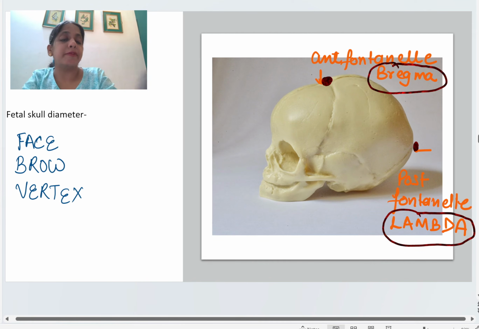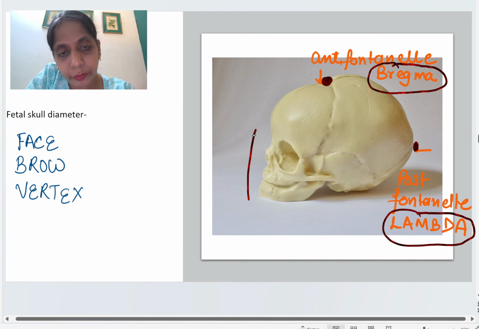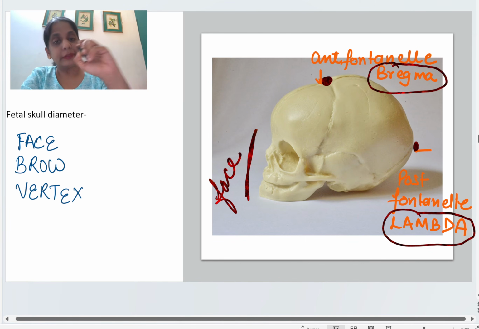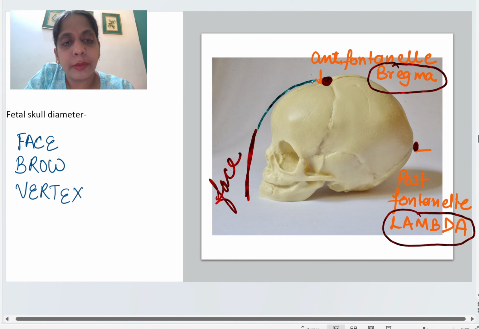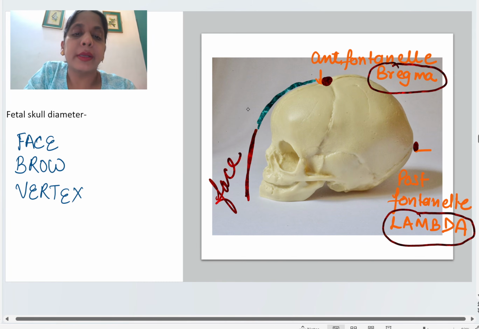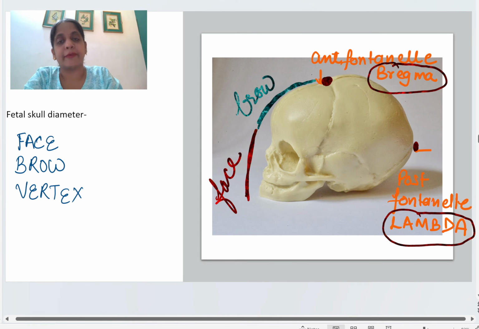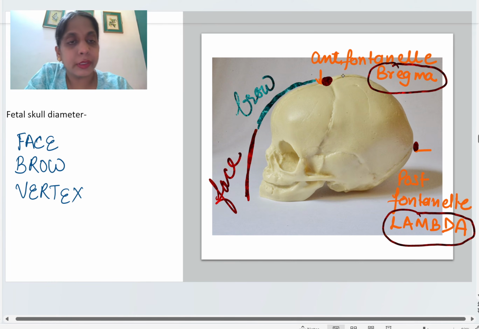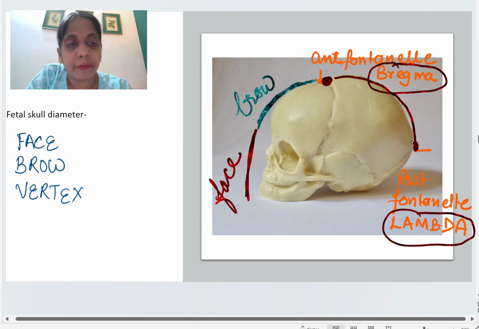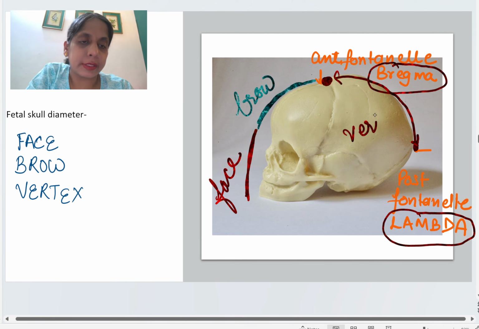We divide the head of the fetus into three parts. The part where the face is, where nose and lips are, is known as the face. The part with the forehead, plus the area going behind it, is known as the brow presentation. And between the anterior and posterior fontanelle is the vertex.